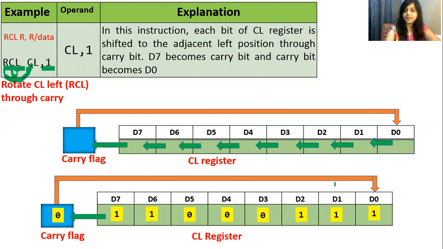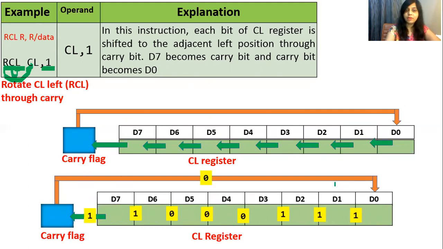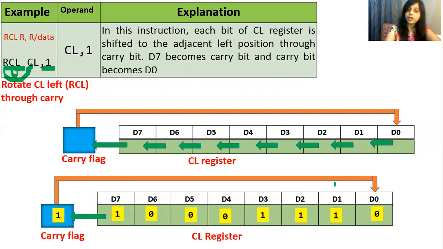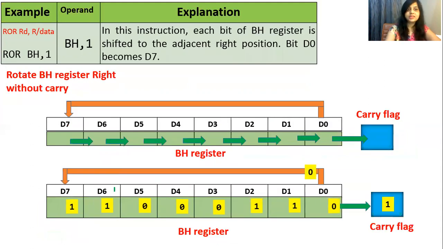Let's see after execution what happens. Every bit is rotating towards left by 1 bit position. Again one more time I am showing, D7 will enter into carry flag like this. And whatever is there in the carry flag, that is 0, will enter at D0 position. So this is RCL.